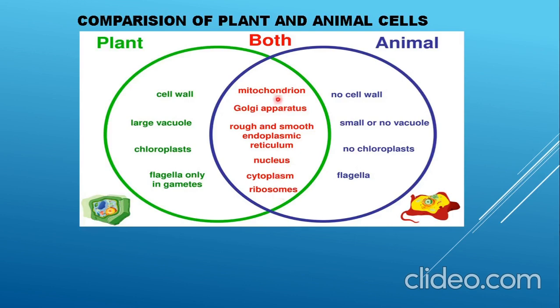So these are the organelles which are found common in both plants and animal cells. They are common in all types of eukaryotic cellular structure.